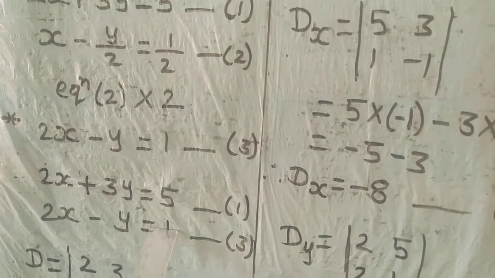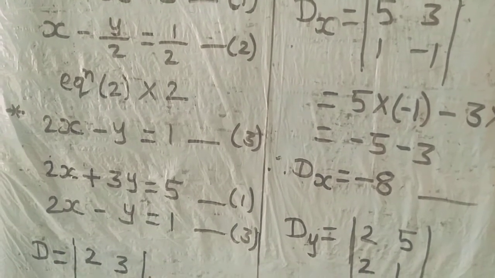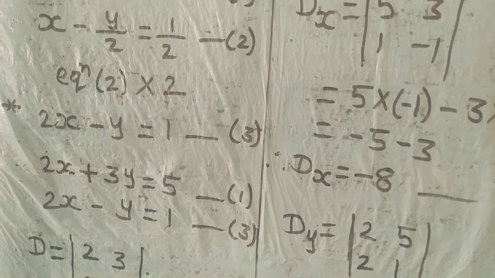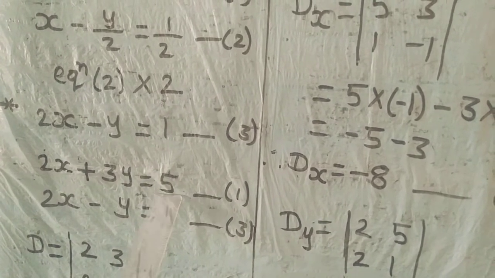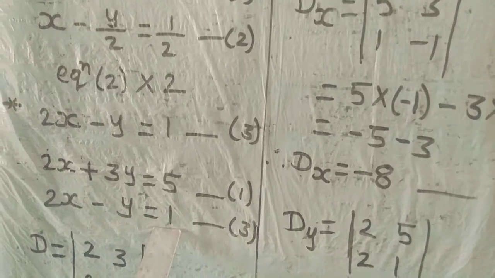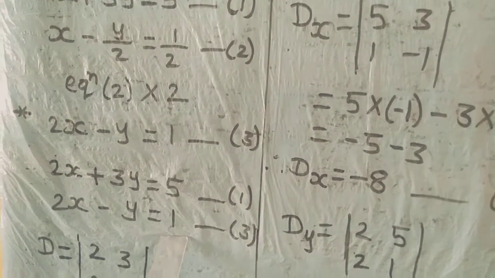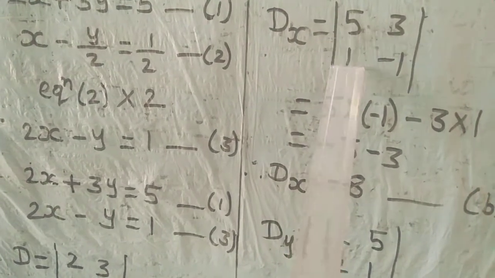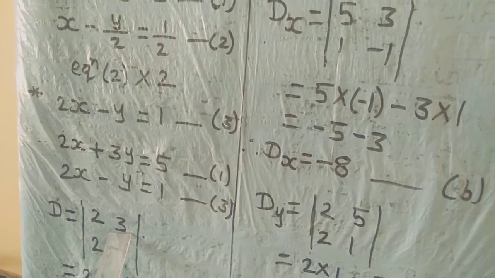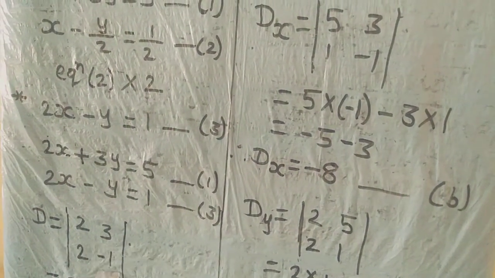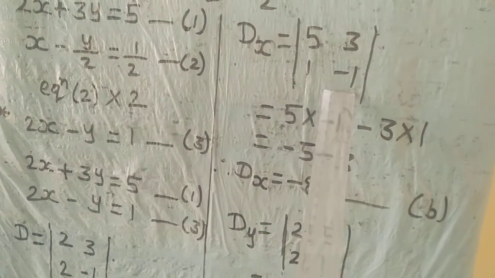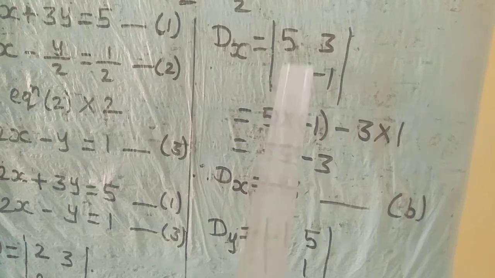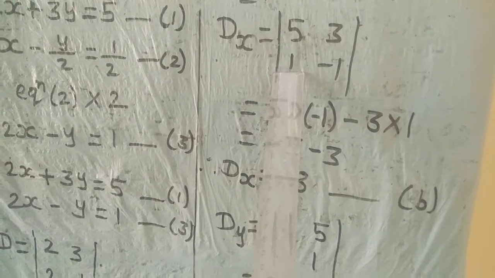So now your first column in determinant d, 2 2, gets replaced by 5 1, that is, the column of constant terms.